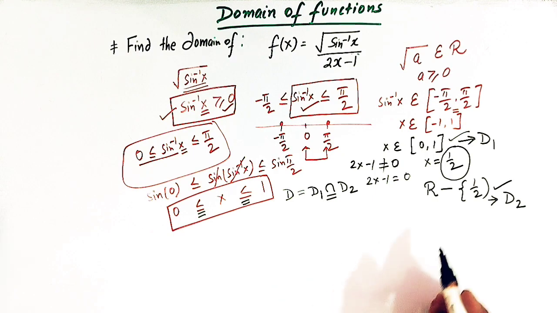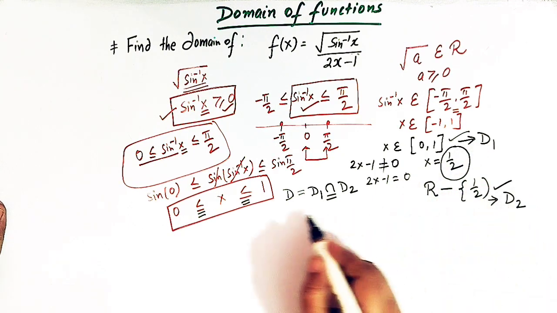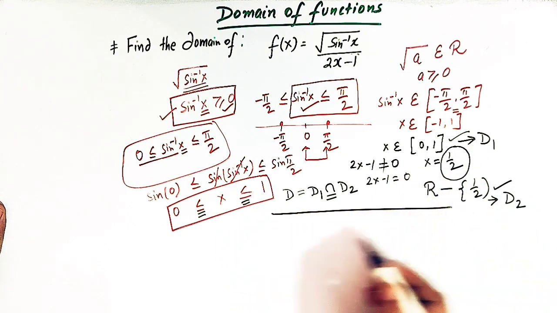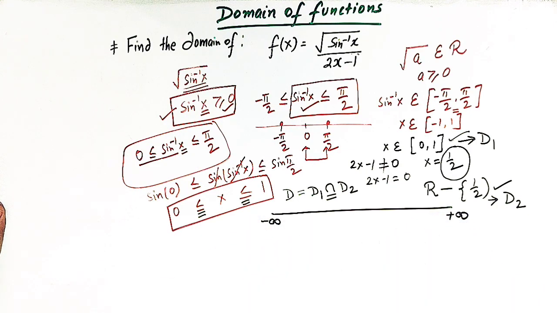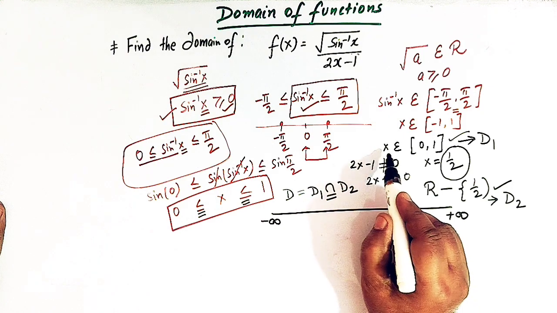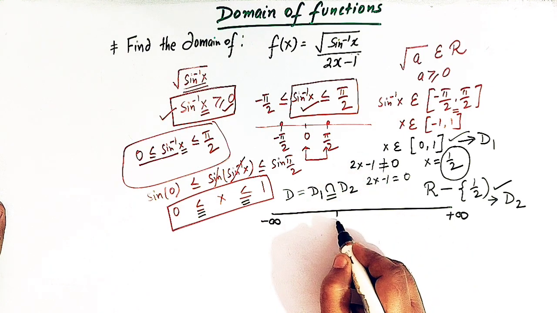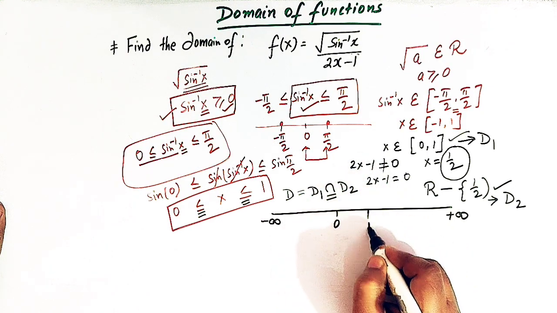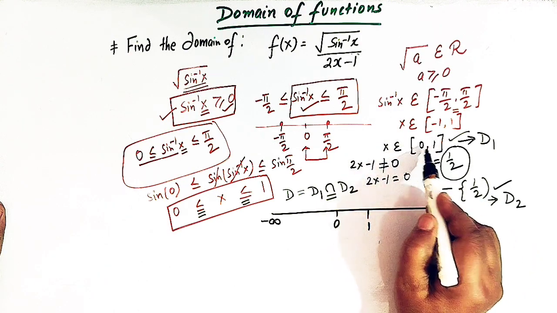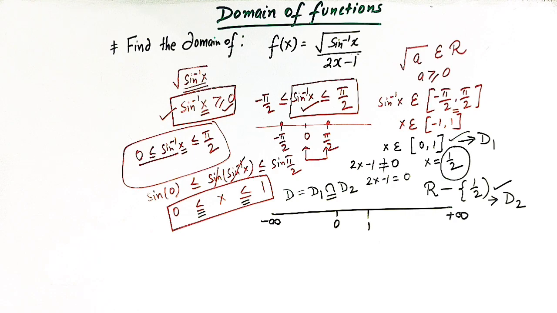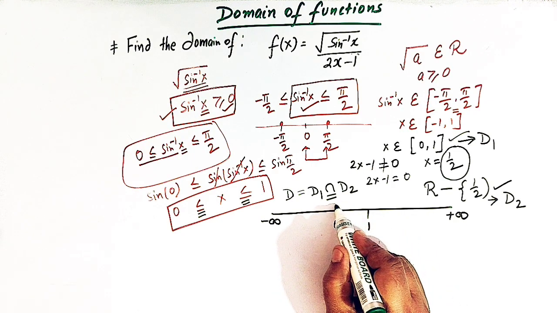So now let us represent these two domains on the real number line. So here we have minus infinity, here we have plus infinity, right? So here we can write 0, and here we have 1. So x belonging to this interval, that is 0 to 1, may be represented like this.